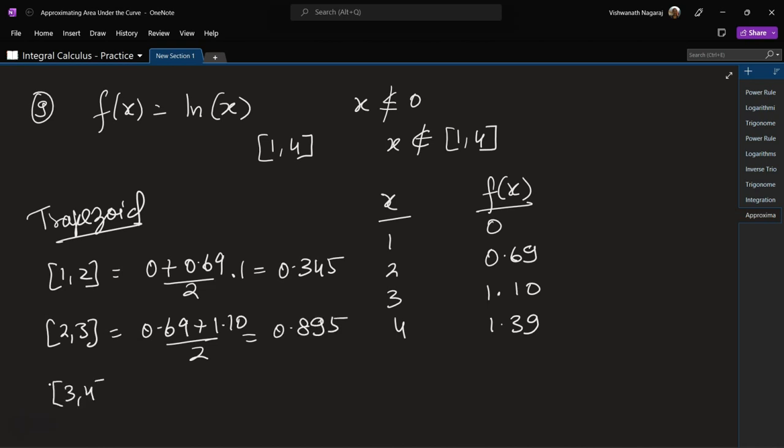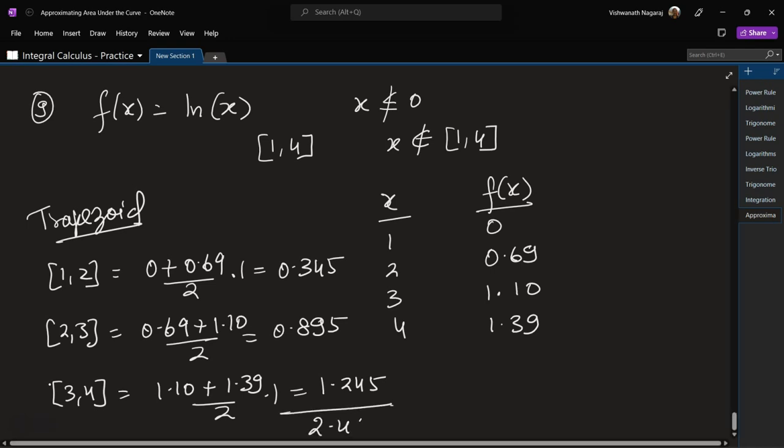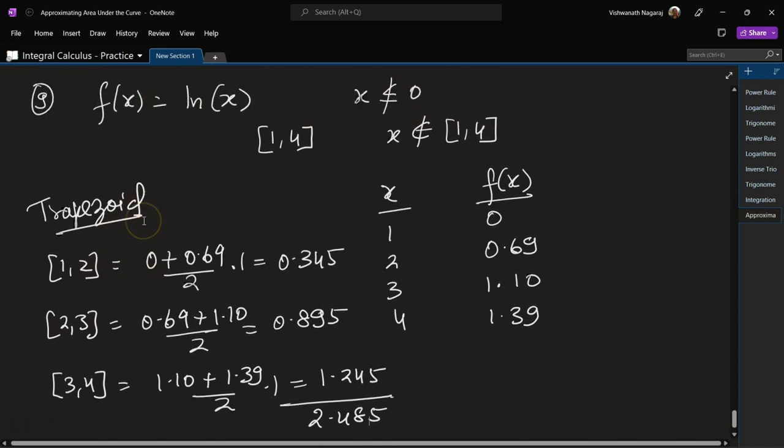Again, from 3 to 4 will be 1.10 plus 1.39 by 2 times 1, this comes to 1.245. And if we add up all these, we get 2.485 square units. That is the area.